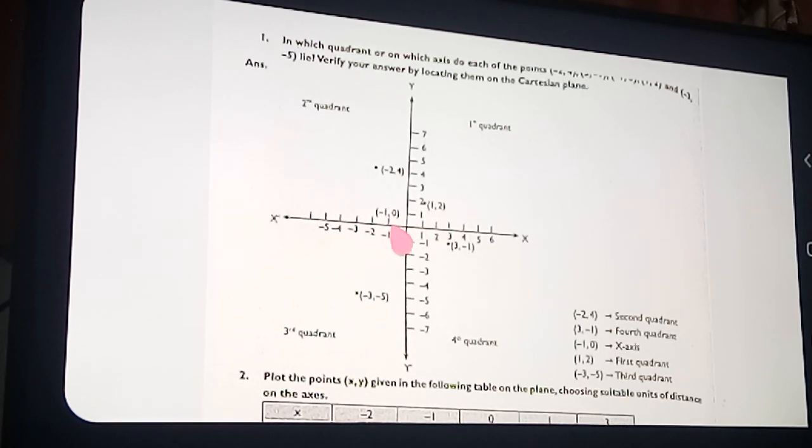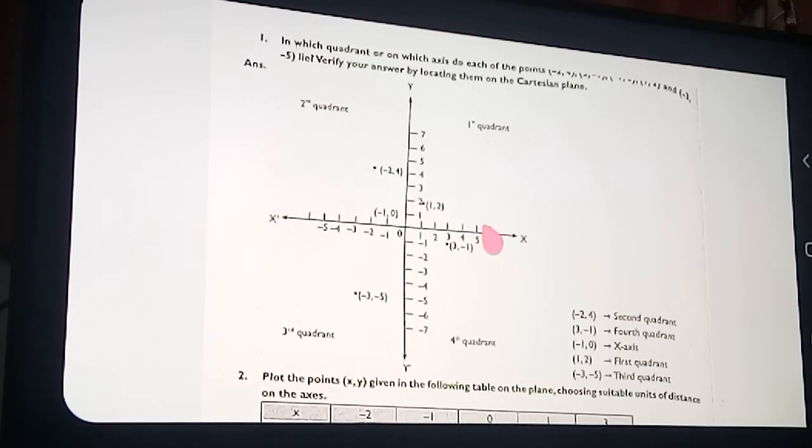After each 5 divisions you mark 1, 2, 3 etc., with -1, -2, -3 on the negative side and downwards. So for -2, 4, take -2 on the x-axis and 4 on the y-axis and mark it. Which quadrant is it in? It is in the second quadrant.